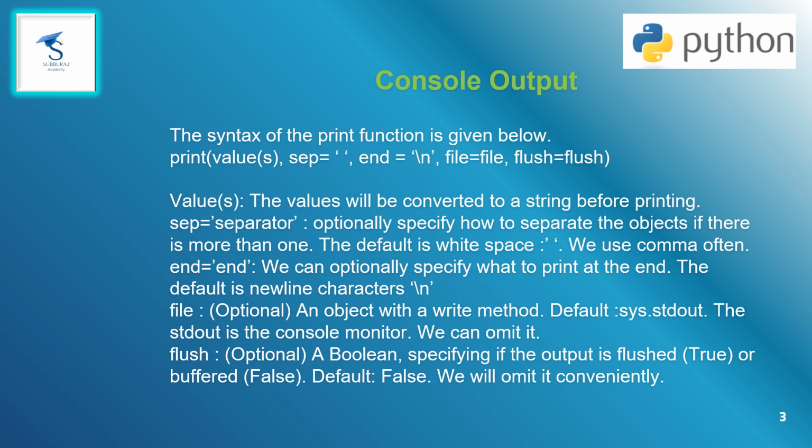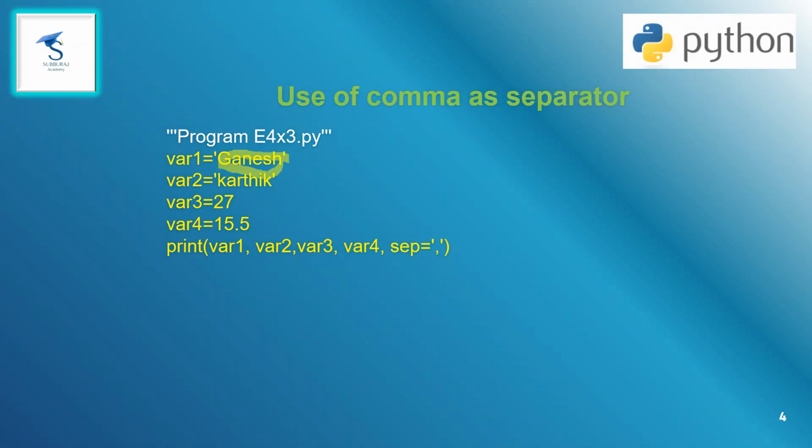We can always specify what we want to print at the end. Default is \n or new line character. Let us write a program to understand the printing in more detail, following the format we just discussed.